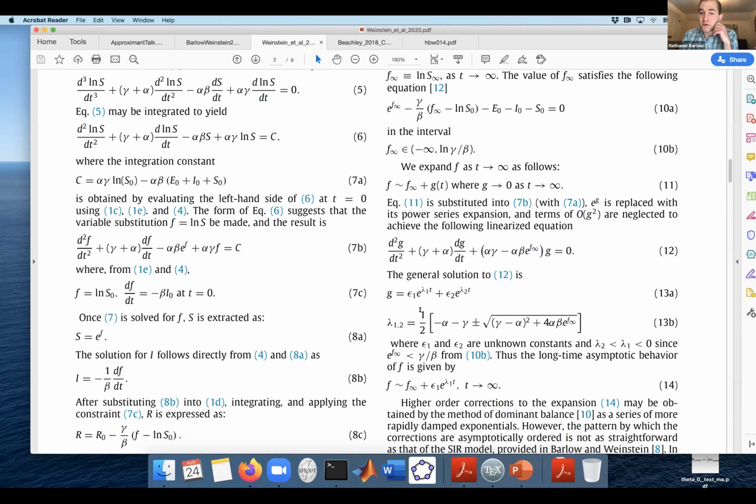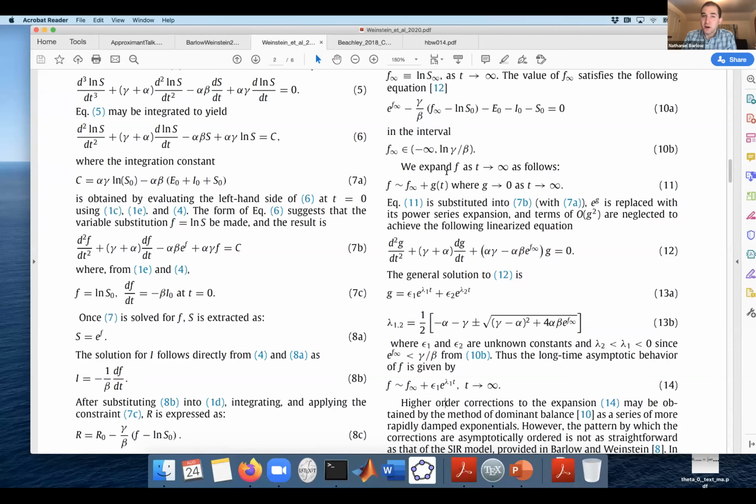And this gives us a behavior, given by 14, of the solution as time goes to infinity. This was key in solving this problem: knowing what the infinite behavior was, not only assuming it, but also how it approached this f infinity plateau. And it does it through a damped exponential.